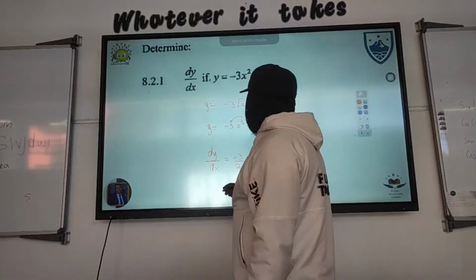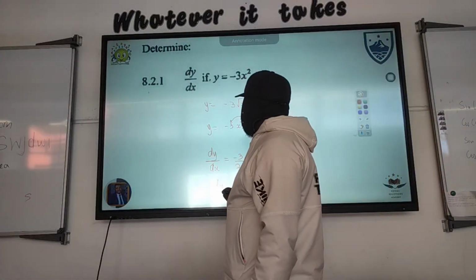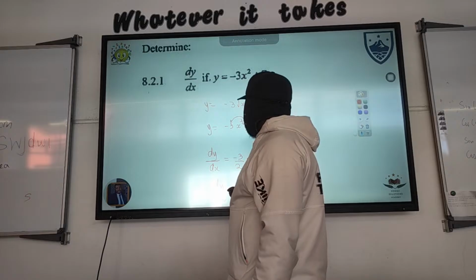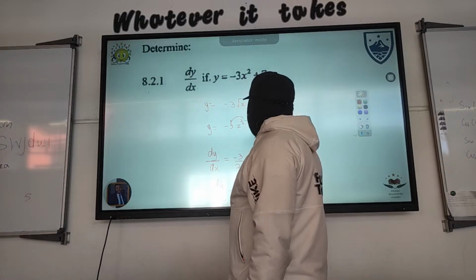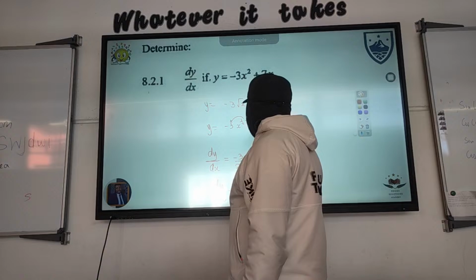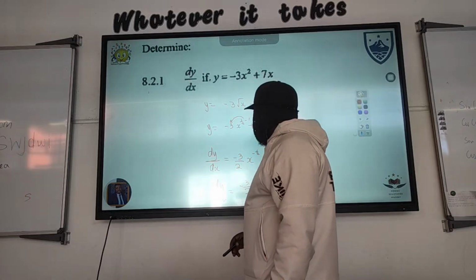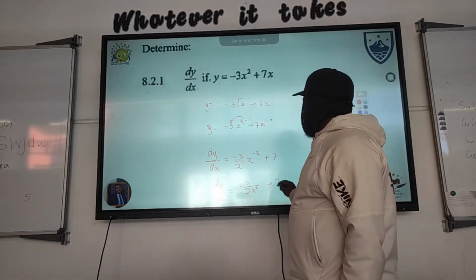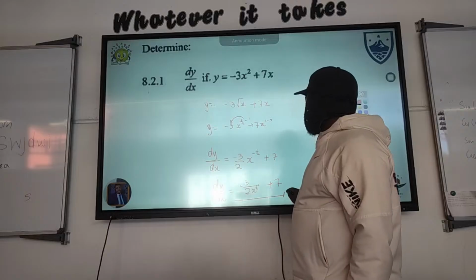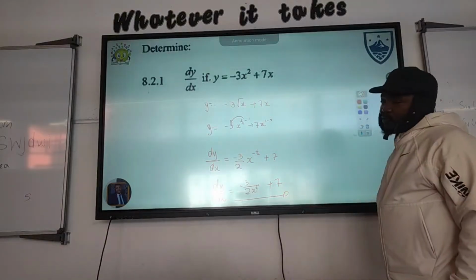If they say write this to the positive exponent, we can say -3/2. Because this is negative, you can put it at the denominator and leave it as positive. Plus 7.